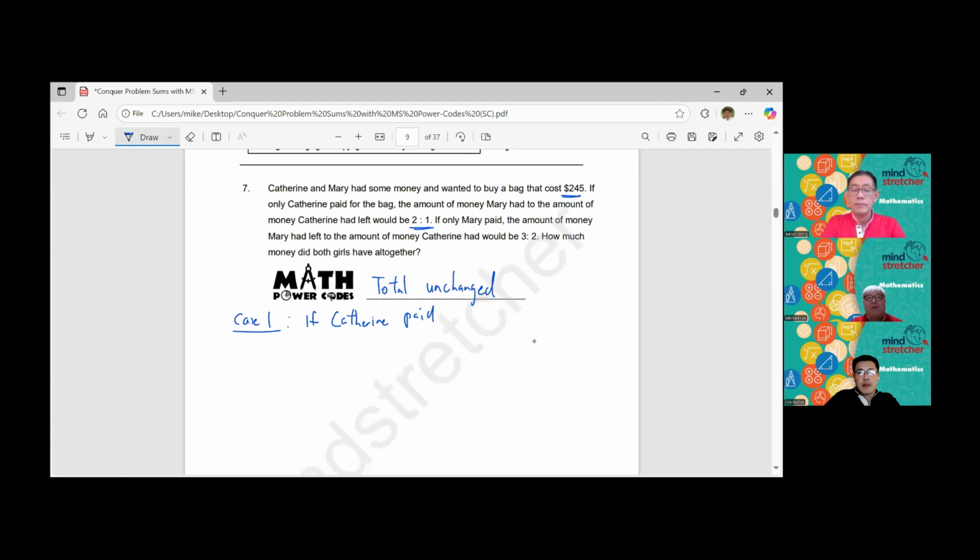Okay, so if Catherine paid for the bag, then the ratio is Mary to Catherine, and the total. Okay, so if Catherine paid, the ratio is 2:1. And this total will be equals to 3.